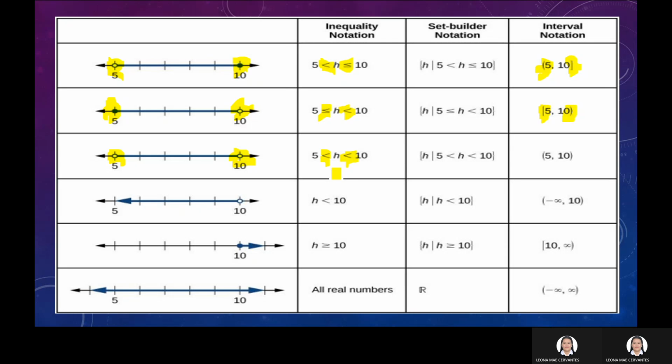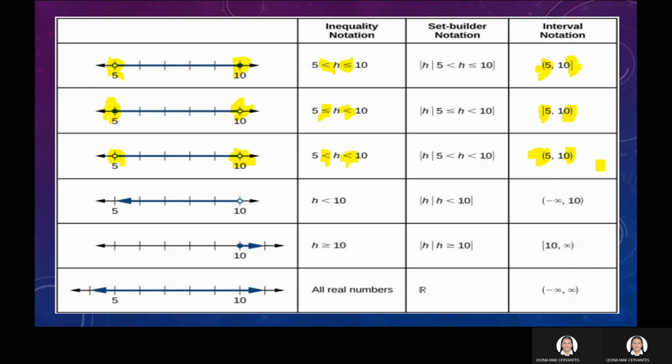Set builder notation, we have the set of all h such that 5 is less than h and h is less than 10. Interval notation, since positive 5 is not included and positive 10 is also not included, we will use parentheses.